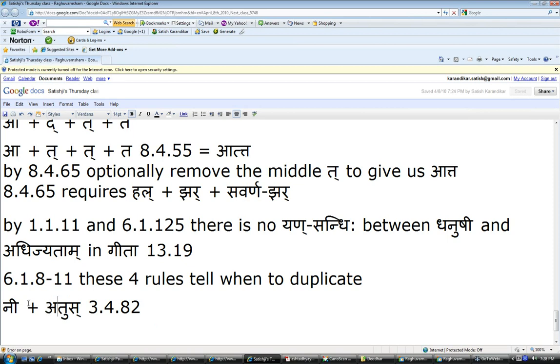If that is the case, then do not do an achadesha over here, like the yan sandhi, if dvitve kartavye. So that tells us that we should do the abhyasa first. I'll put the number here. So by 1159, we should do duplication first and not the yan sandhi.